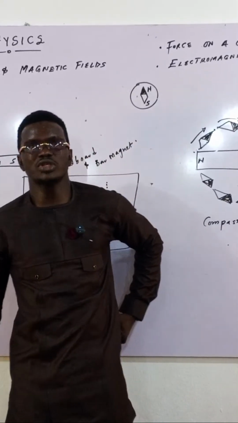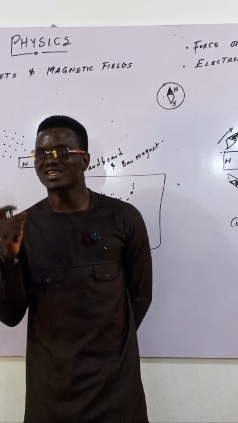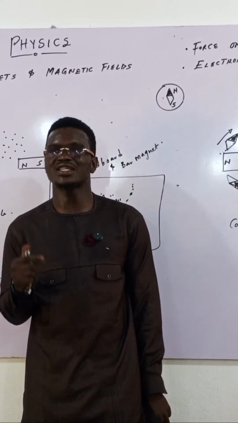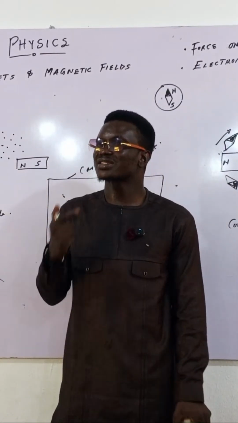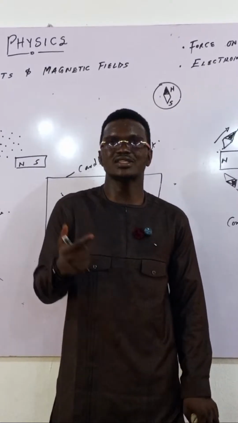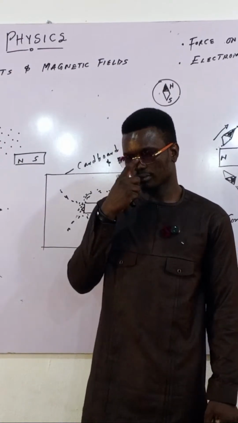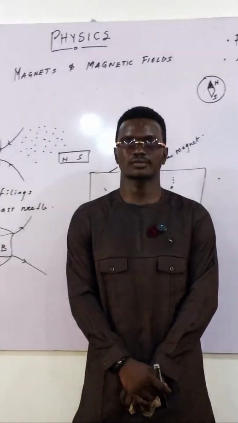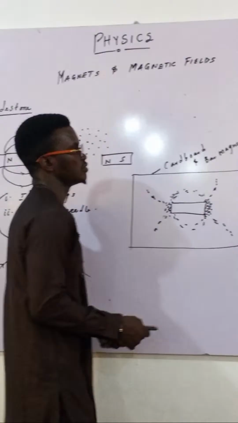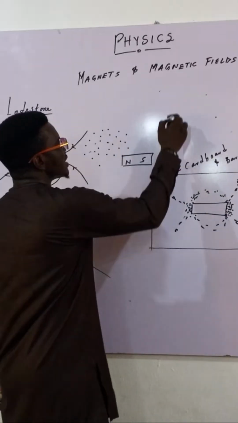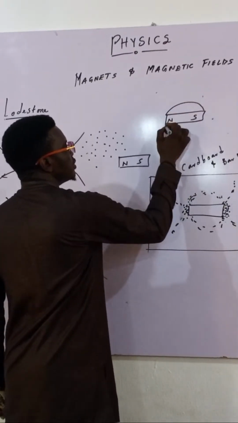The force due to this magnetic field line is usually taken as a tangent to the field. Tangents. You know how to spell tangents now when you have a circle. So let's say this is the field line. This is what I'm saying there.